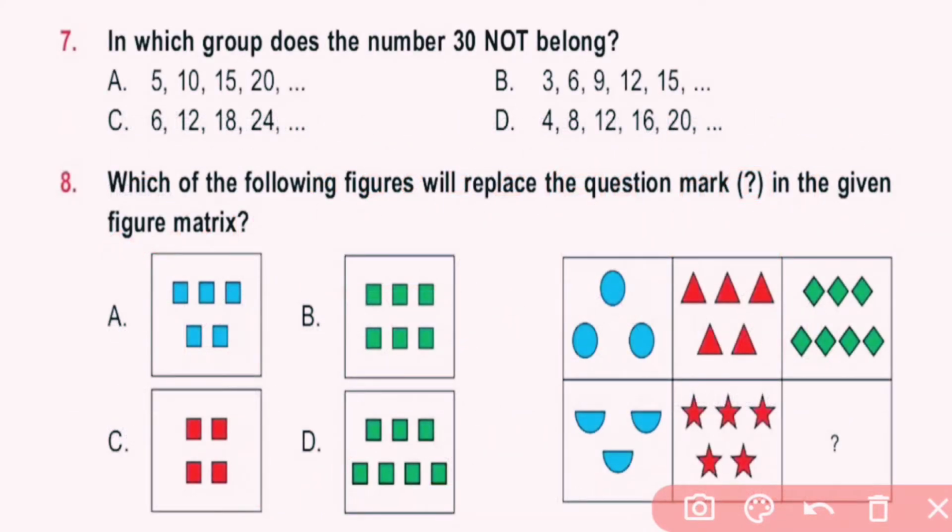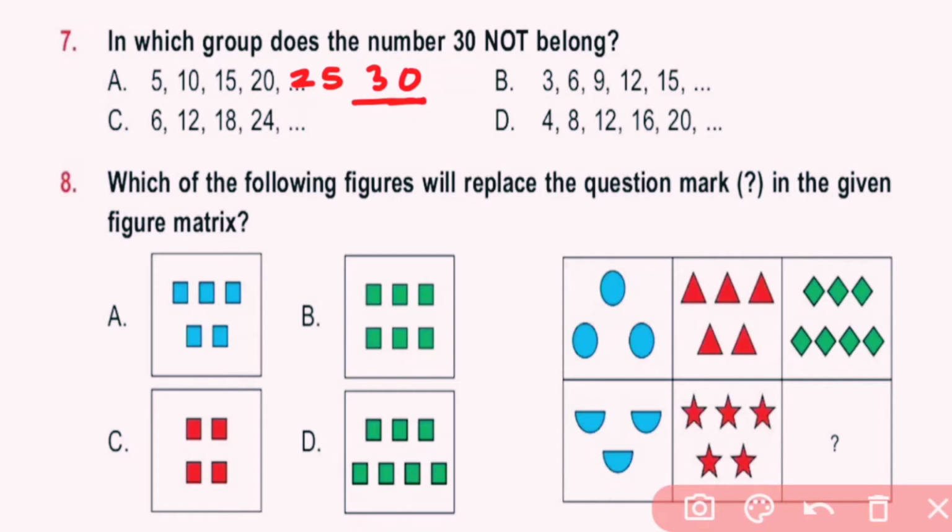Question number 7. In which group does the number 30 not belong? In option A, it is the table of 5. 5 ones are 5, 5 twos are 10, 5 threes are 15, 5 fours are 20, 5 fives are 25, 5 sixes are 30. So in option A, 30 is present.